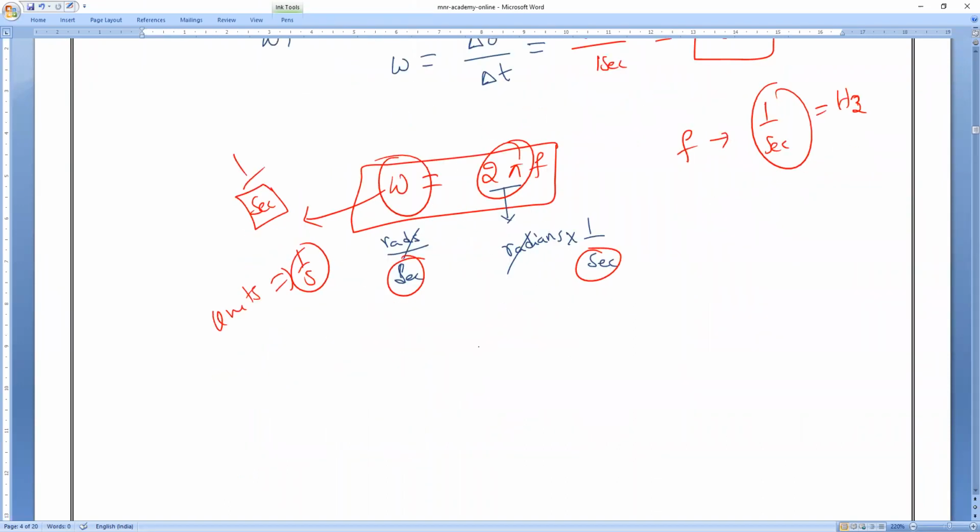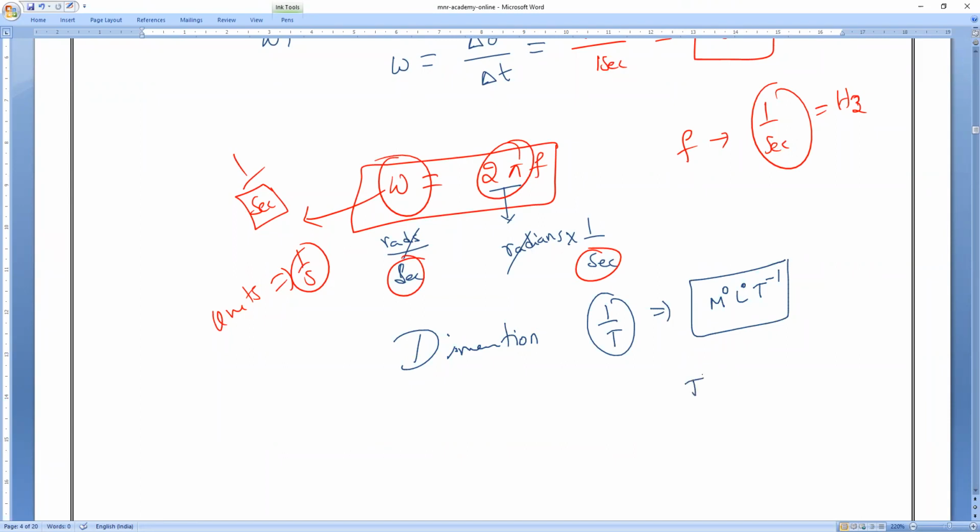So both have the same dimensions. What are the dimensions of frequency? 1 by time period, so the dimensions are M0 L0 T power minus 1. In the same way, omega also has T power minus 1 as the dimension. Anybody having any doubt, you can ask me. So what is the omega formula, angular velocity and frequency? 2 pi F.